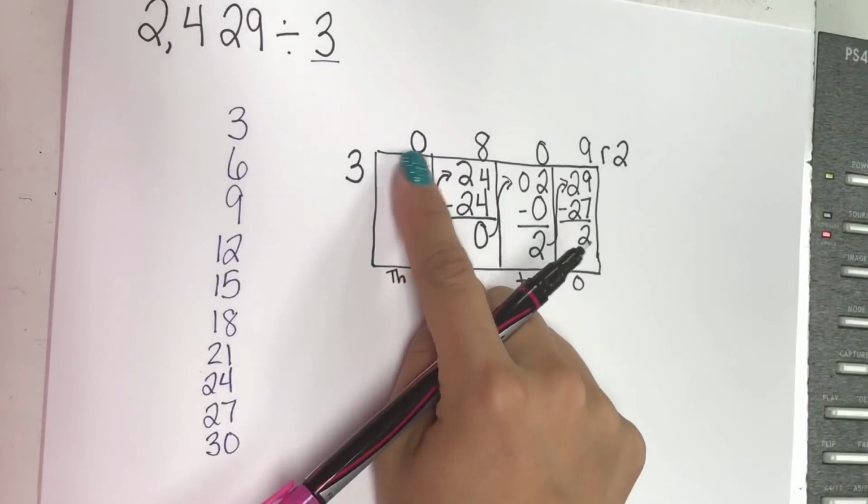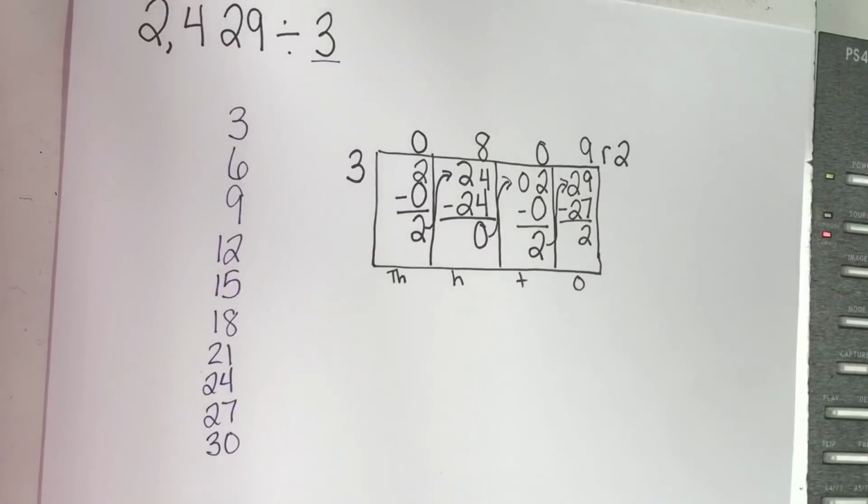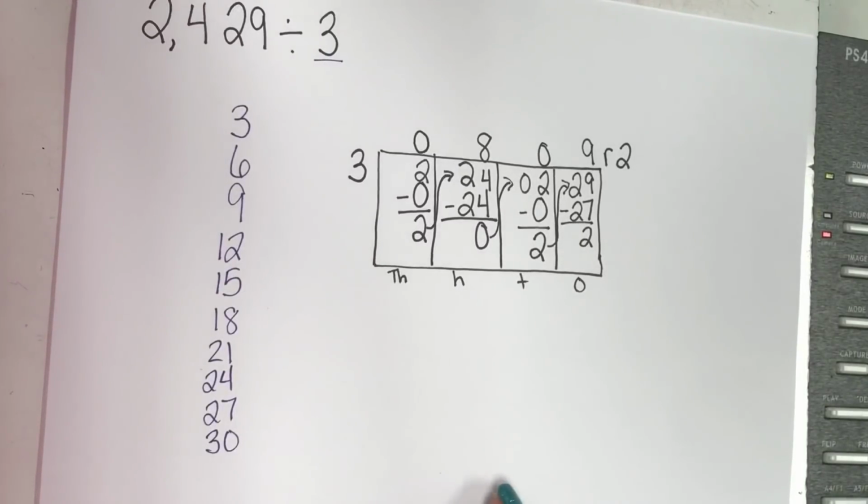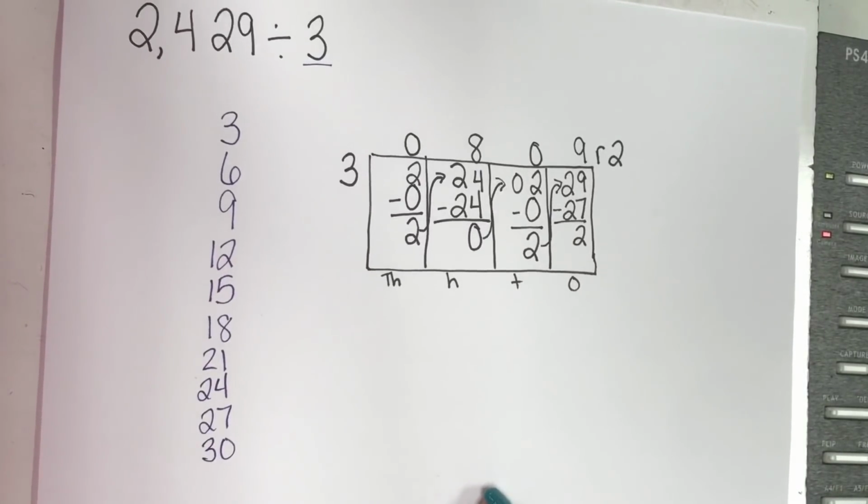Now, how do I make sure that this is the right answer? Check it how? Multiply what?